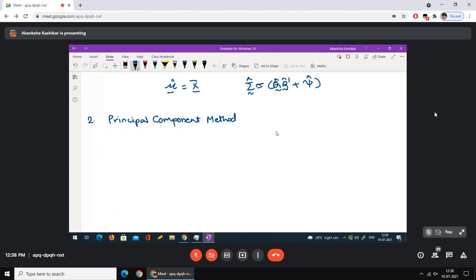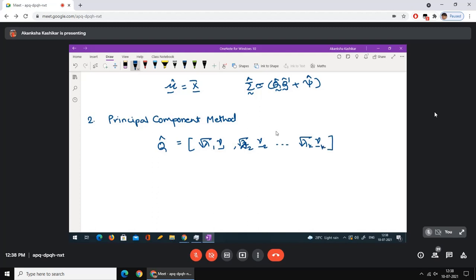So what we will do is we will take a Q from there, and hence we would define our Q hat as root lambda 1 nu 1, root lambda 2 nu 2, and root lambda k nu k.